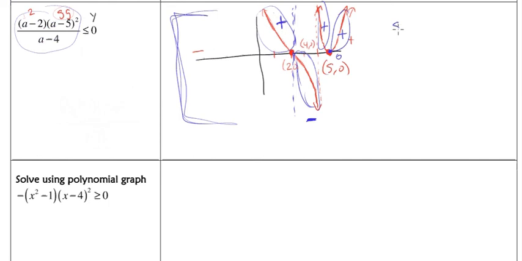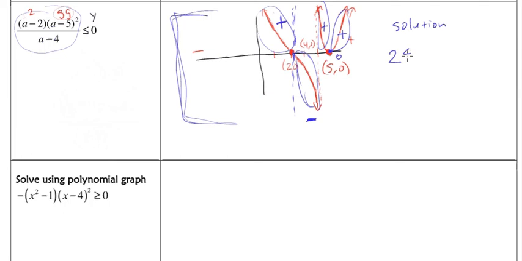Our solution set, we're looking for where a makes this rational expression either less than or equal to 0. So it's either negative or is equal to 0. And so let's take a look at that. As we go across our graph, it first starts to become equal to 0 right at 2. So 2 is part of my solution set.